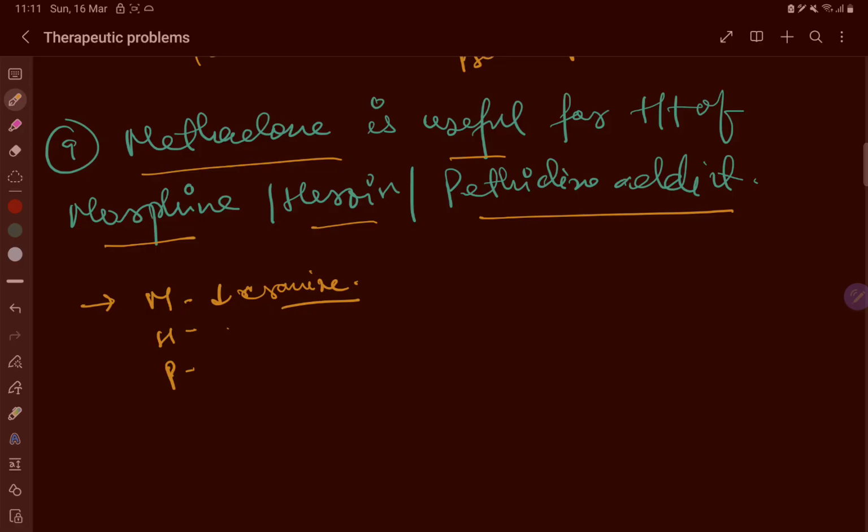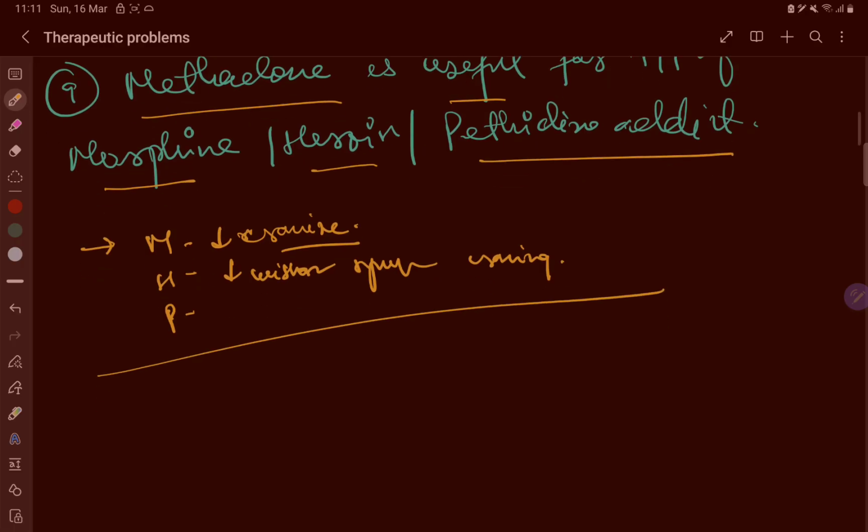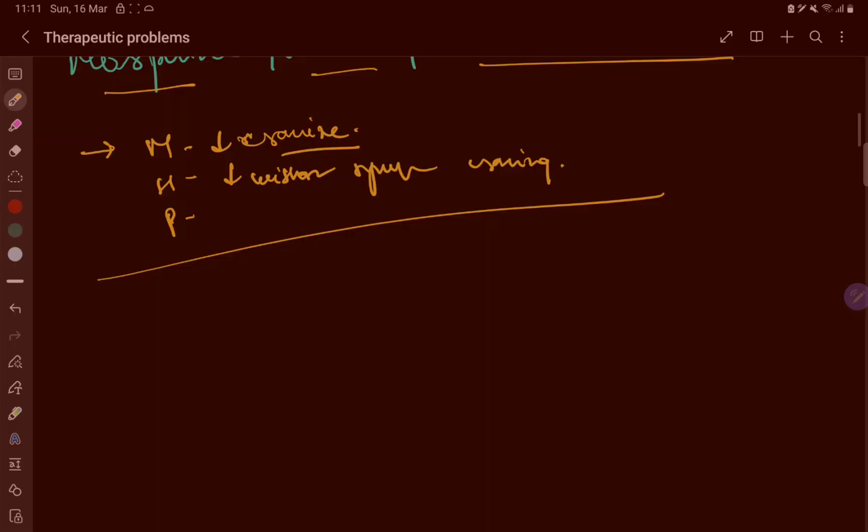It is used as a substitute to reduce the withdrawal symptoms and craving. How it works: it actually activates the opioid receptor. Methadone binds to the opioid receptor in the brain, reducing the withdrawal symptoms and craving.